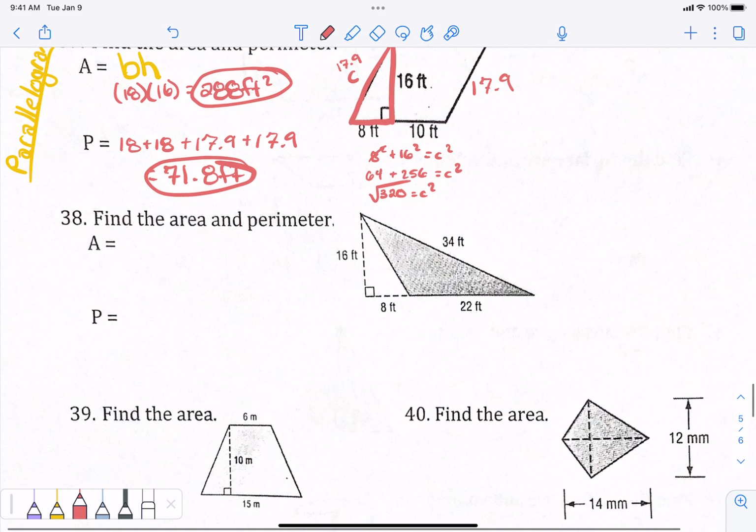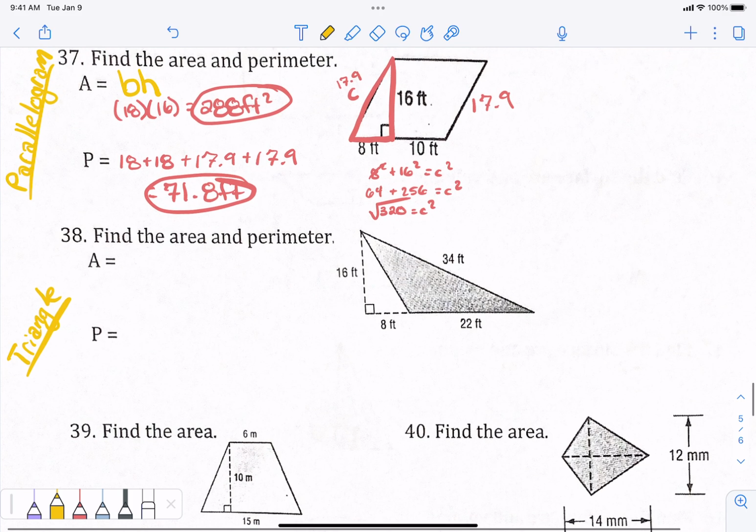All right, next shape is a triangle. Area of a triangle. Remember what that is? Base times height divided by 2, or some people do 1/2 the base times the height. Either way, it doesn't matter. Okay, so the base.